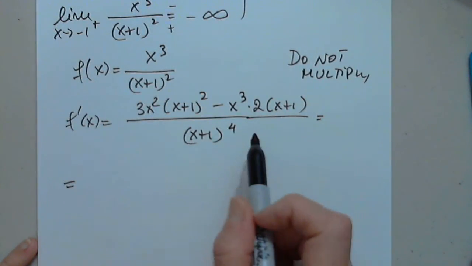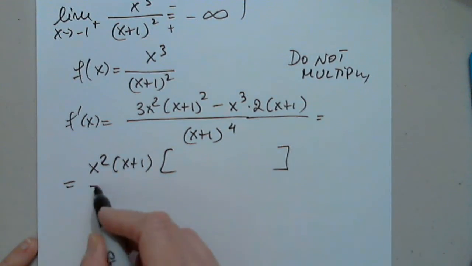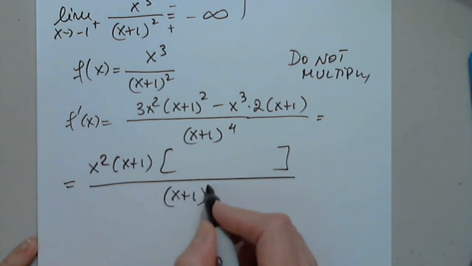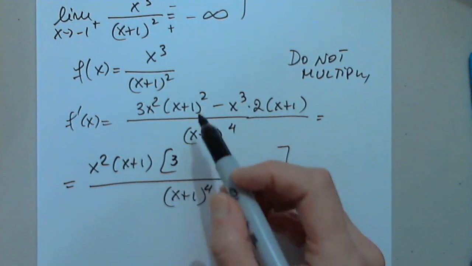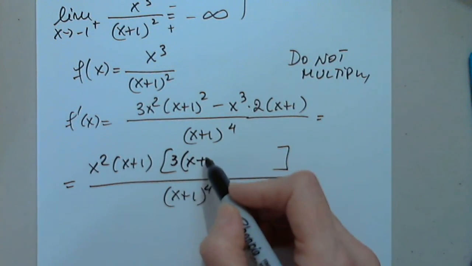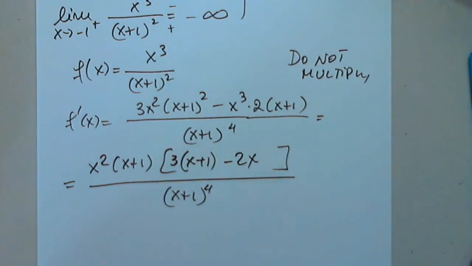So factor out. I'm going to factor out x squared and x plus 1. So x squared is outside, 3 is still left in, one of those is out, so I have an x plus 1. This is out, x squared is out, minus 2x.